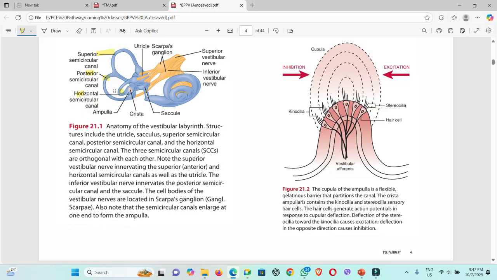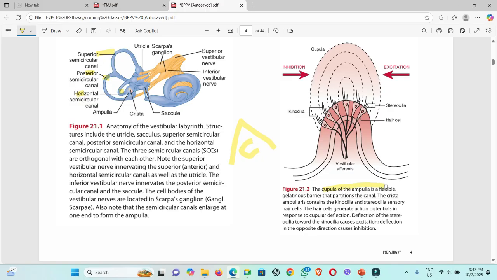So these are the canals, and then the ampulla. Inside ampulla there is cupula. This is A, ampulla is bigger. Inside ampulla there is cupula.